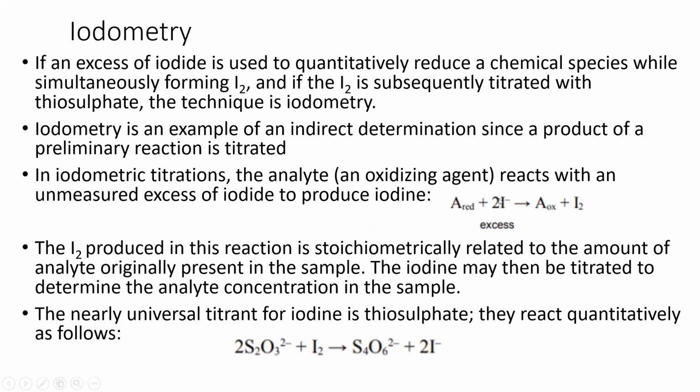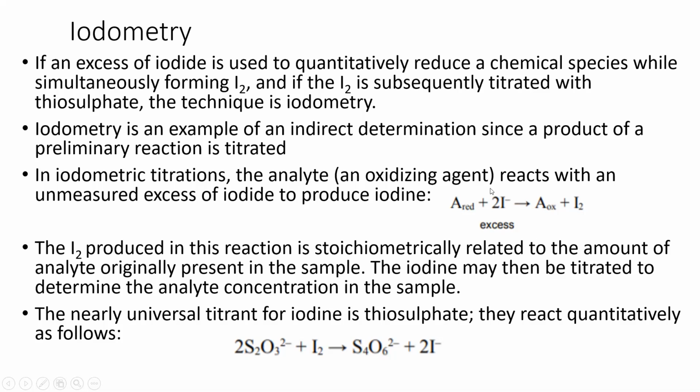So the excess iodide reacts with the species to form iodine. And just like we talked about with the back titration, you have an excess of iodine. This iodine is later titrated against sodium thiosulfate to produce iodide.